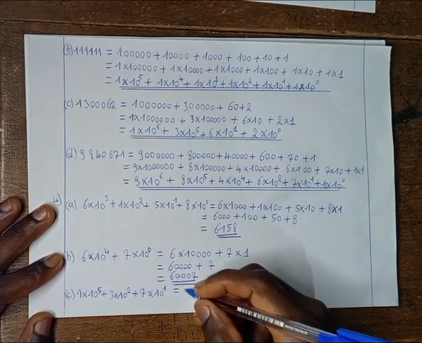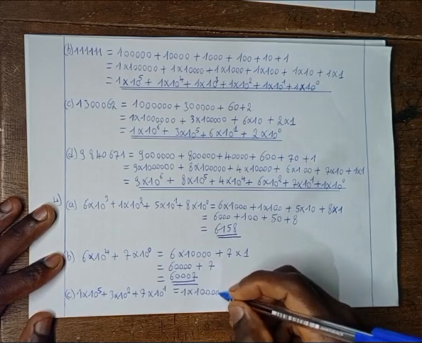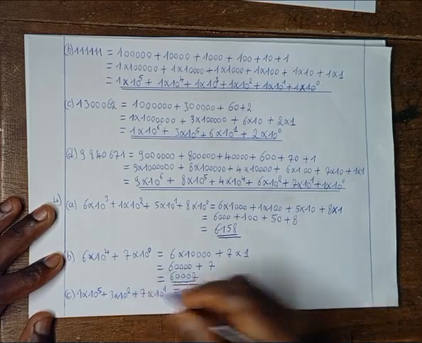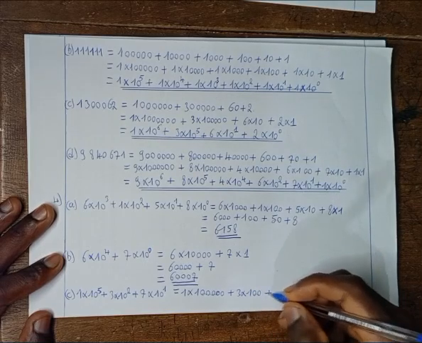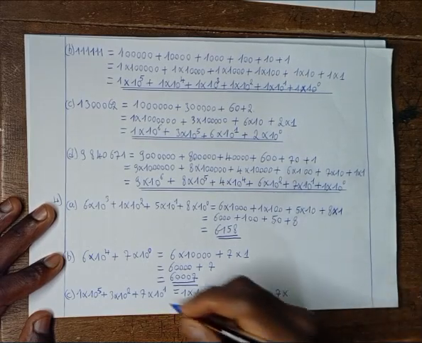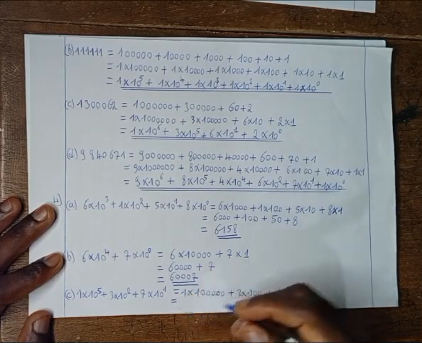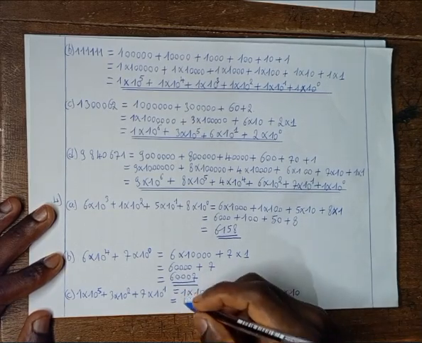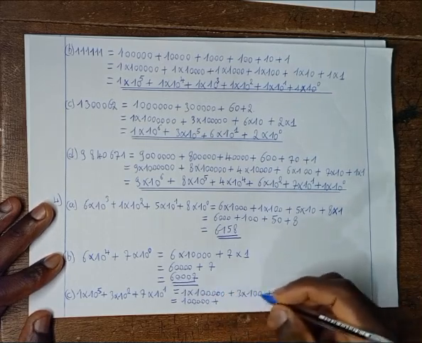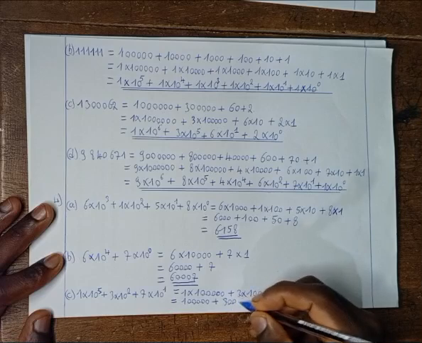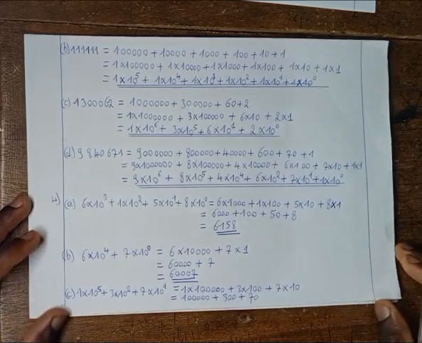This will simply give us 1 times, we know 10 to the power 5 is simply 1 with 5 zeros, plus 3 times 10 to the power 2, 1 with 2 zeros, which is 100, plus 7 times 10 to the power 1 is simply 10. Next, this will give us 1 times 100,000 will give us 100,000, plus 3 times 100 gives us 300, plus 7 times 10 gives us 70.